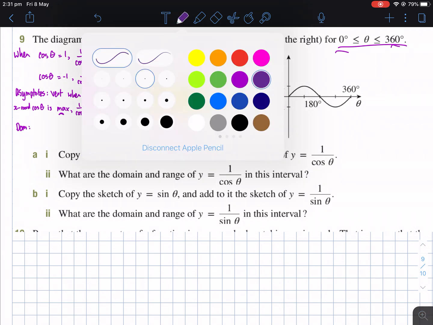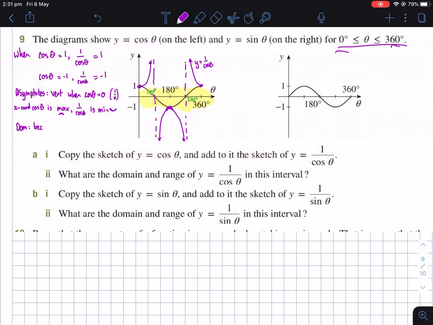So because cos 90 equals 0, cos 270 equals 0, 1 on 0, we have an asymptote. So domain of 1 on cos theta, x does not equal 90, x does not equal 270.